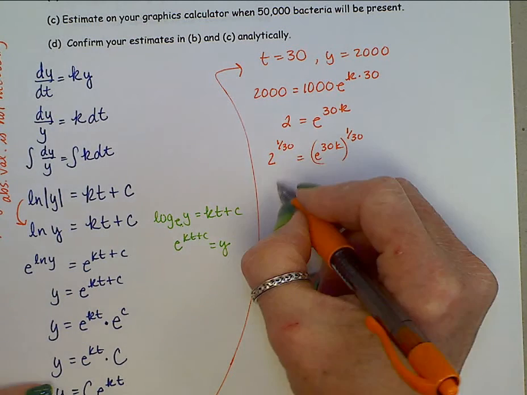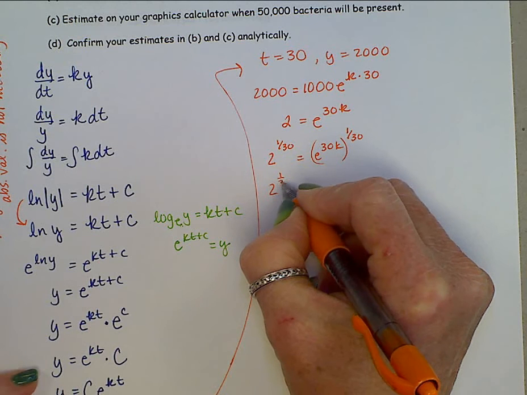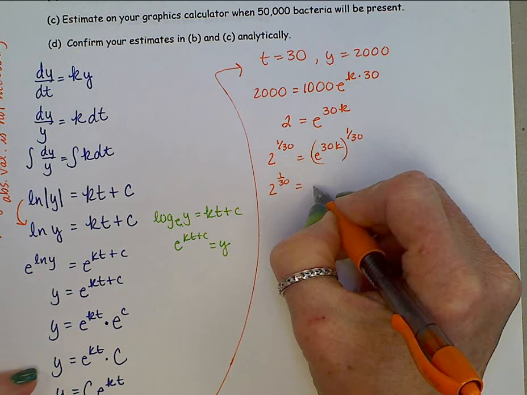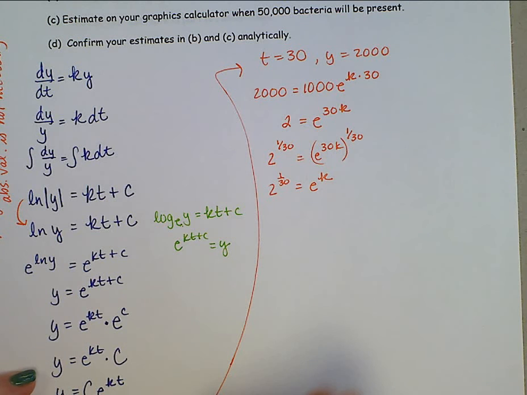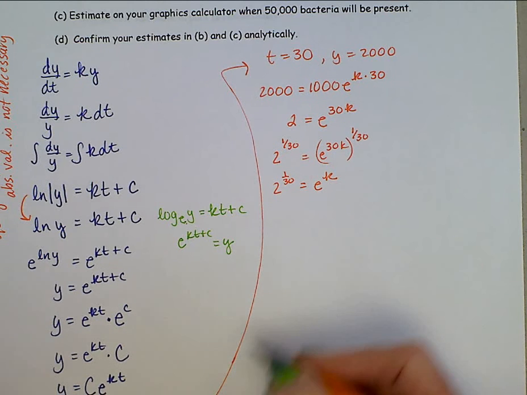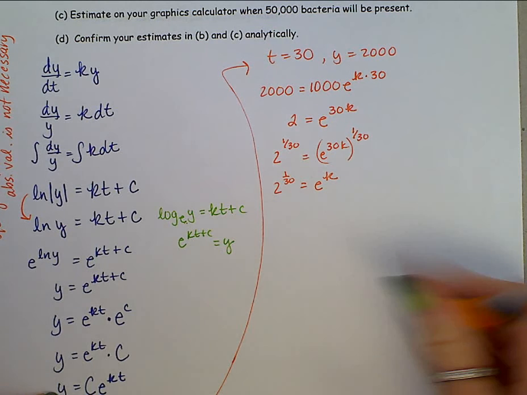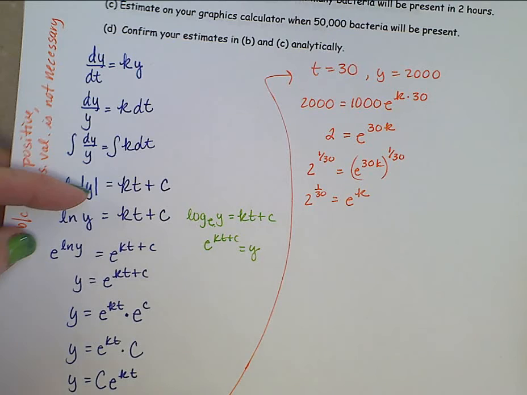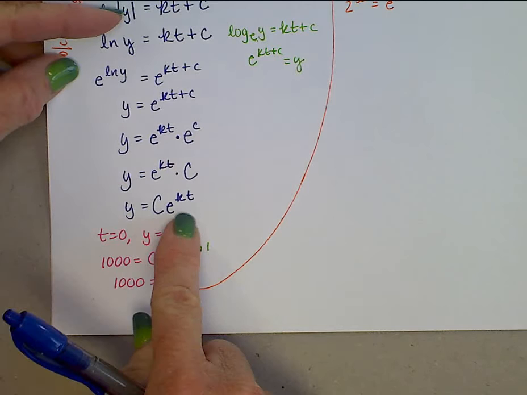Left-hand side is 2 to the 1/30th. Right-hand side, that's just e to the k. So now we can actually stop right here and go back to this equation down here, y equals c e to the kt.